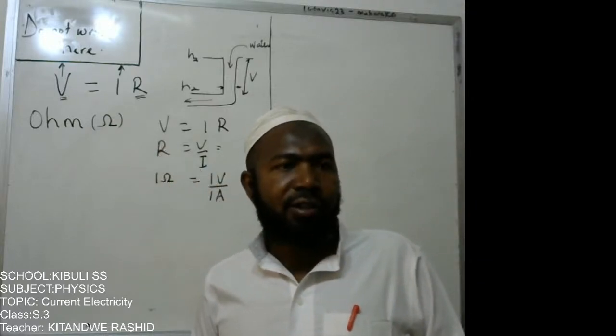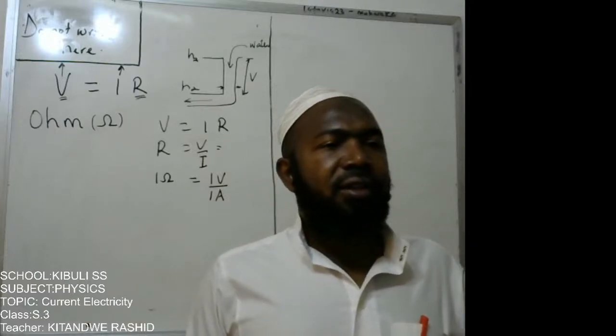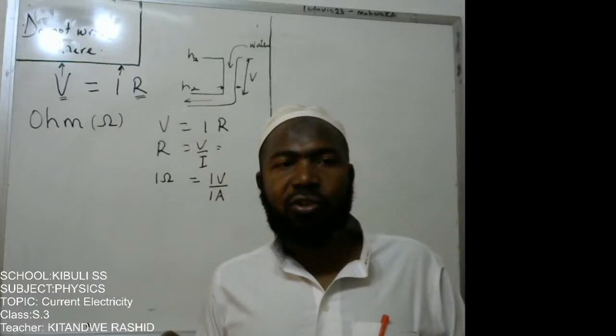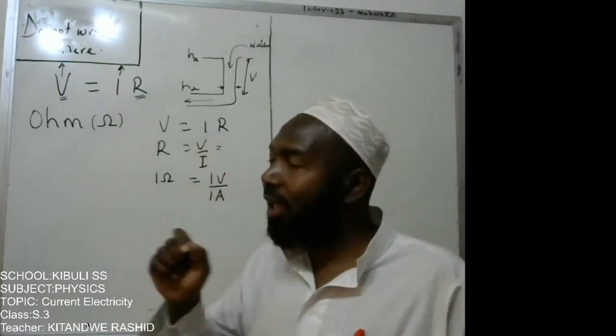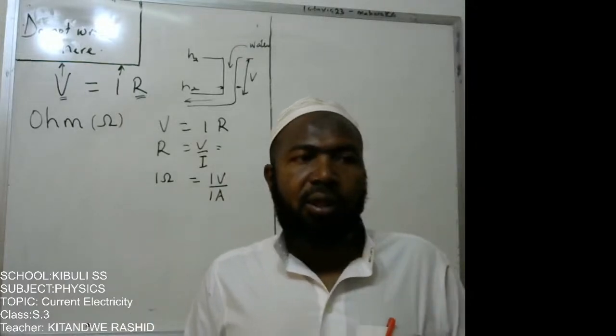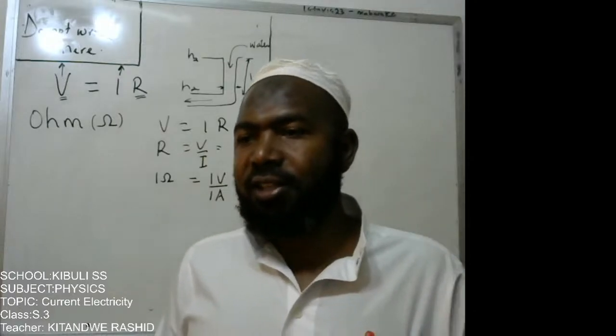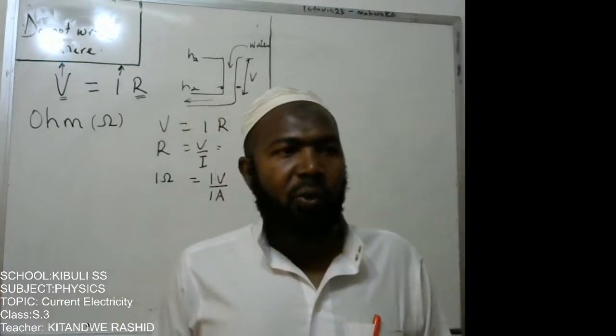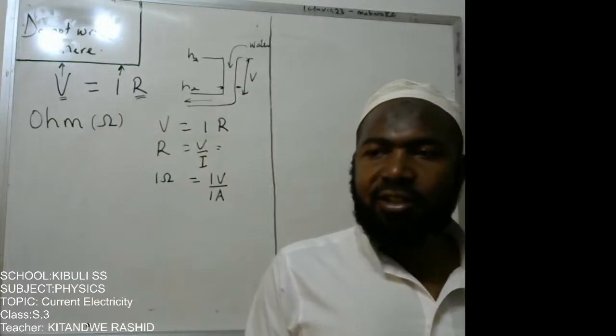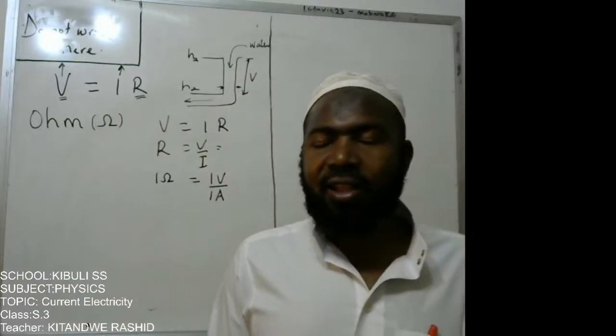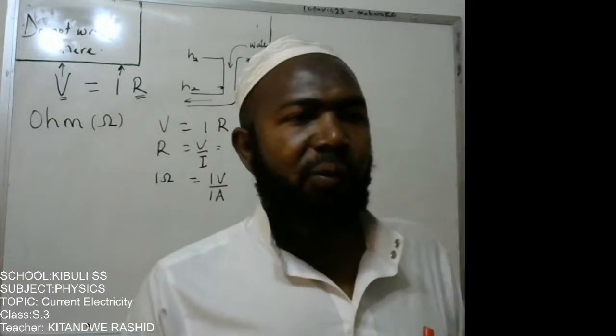How about a resistor? A resistor is a conductor which opposes the flow of current. Now, in our circuit arrangement, we can arrange the resistors in 2 ways. We can either arrange them in series or we can arrange them in parallel.